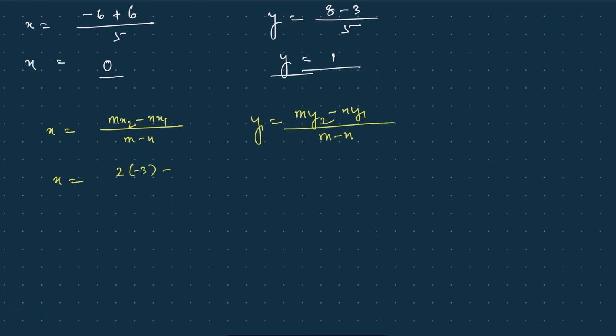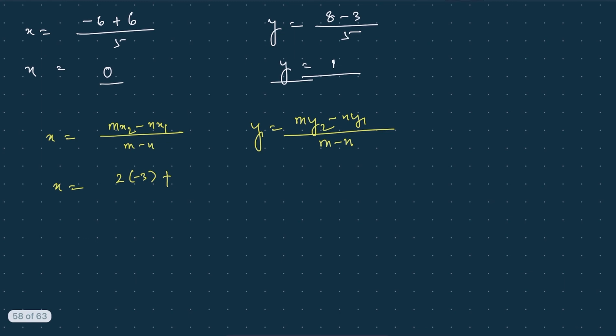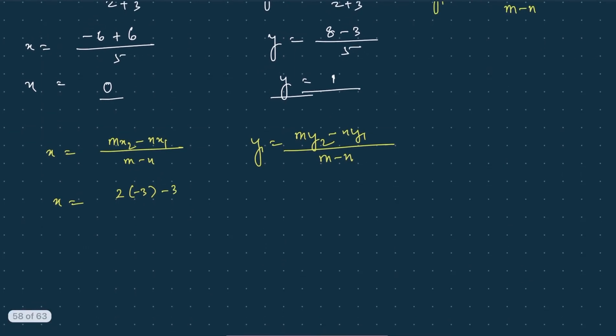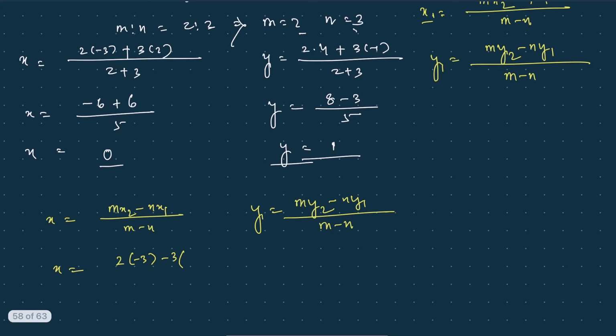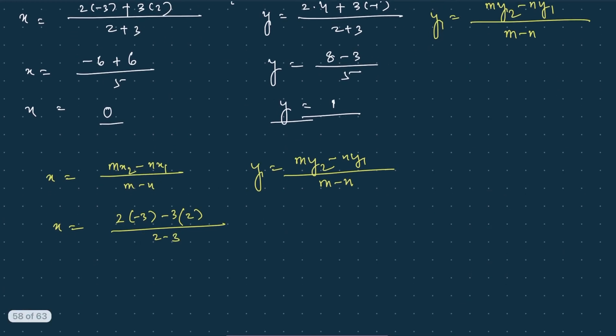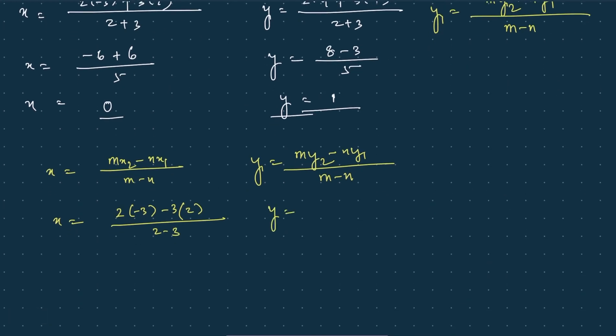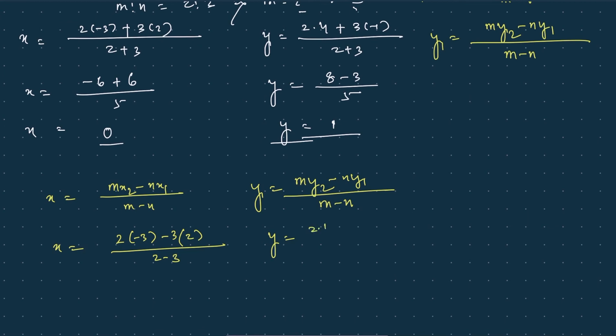Minus 3, plus, not plus, here minus n, means 3 into 2, divided by 2 minus 3. Again for y, 2 into 4 minus 3 into minus 1, divided by 2 minus 3.